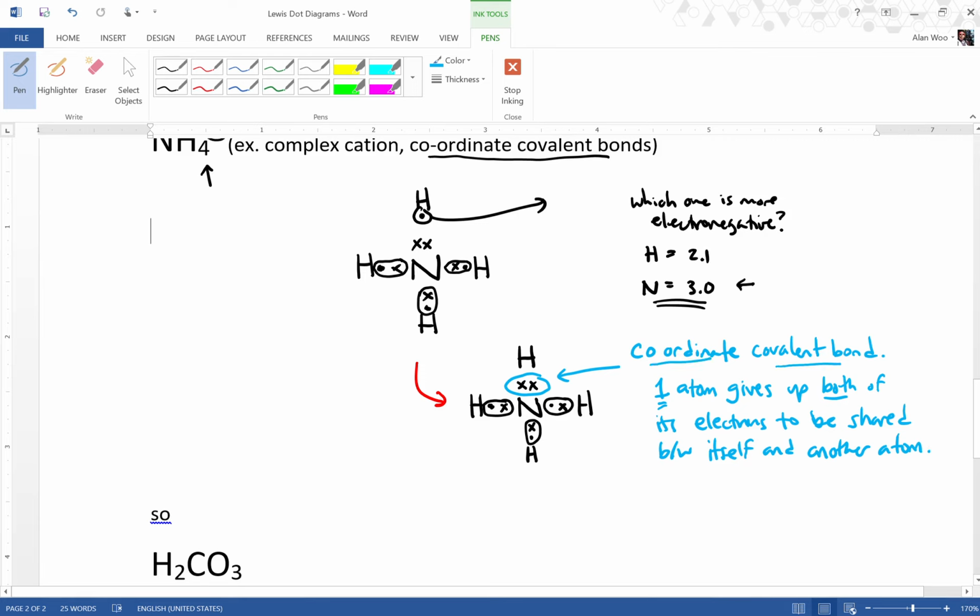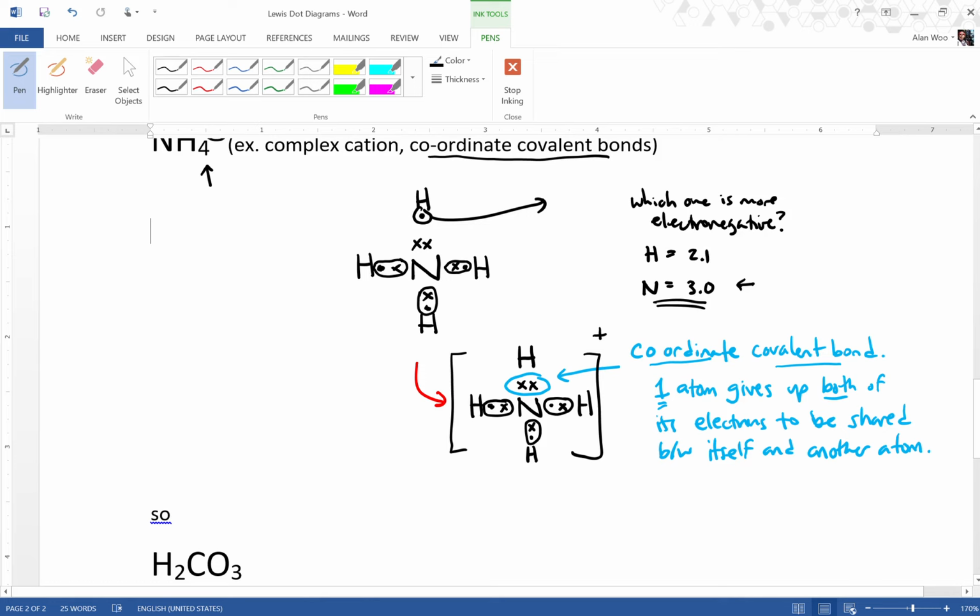So just to finish off this Lewis dot, because it's lost one electron, you put the brackets around to indicate an ion, and then you put a charge, +1 in this case. The other thing that happens too, when you look at the difference between the two electronegativity values, the difference is 0.9.